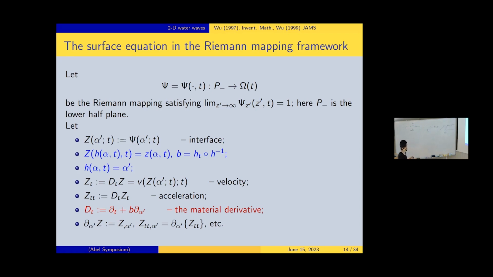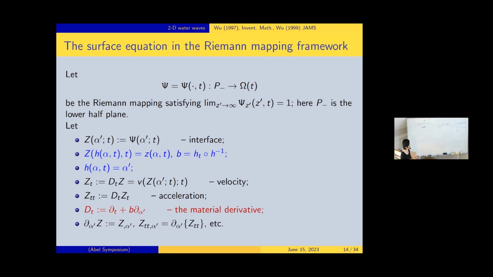Of course, between the Riemann mapping variable and the Lagrangian coordinates there's a change of variable. Remember, alpha is the Lagrangian coordinate, and alpha prime is the Riemann mapping variable. We just use h to describe this change of variable, and this is just a notation. Capital Dt is the material derivative.